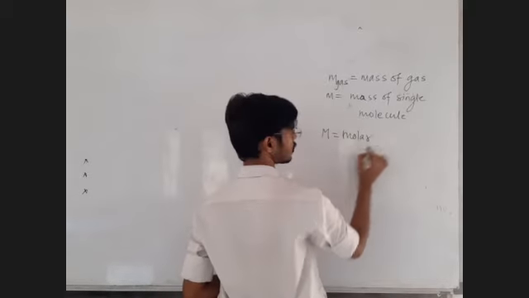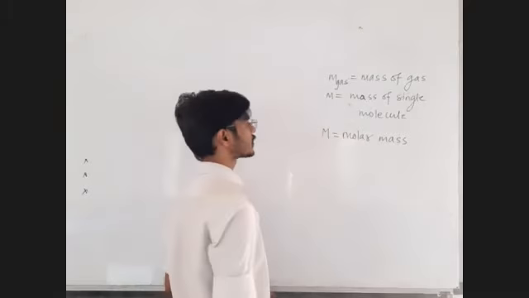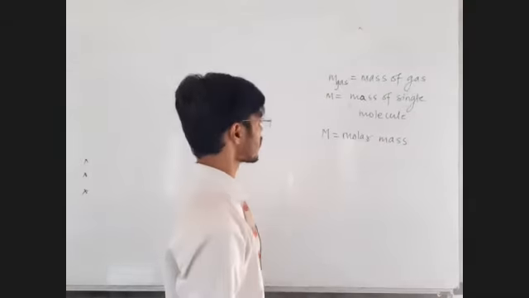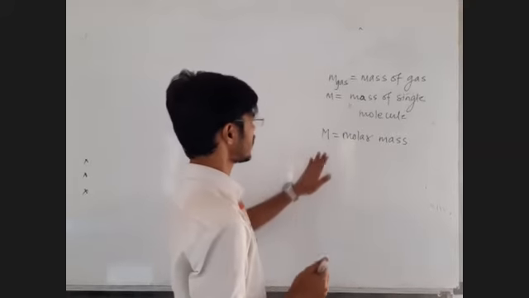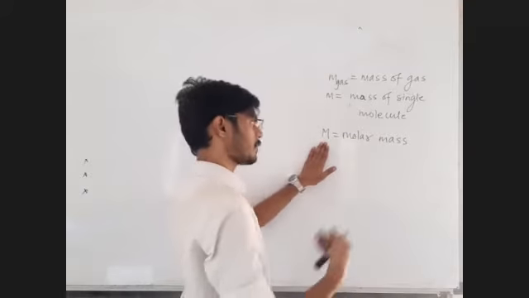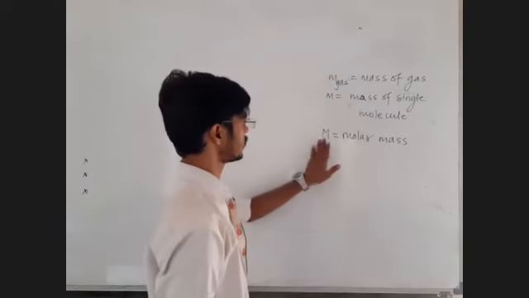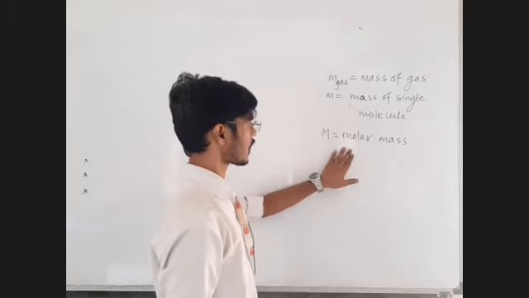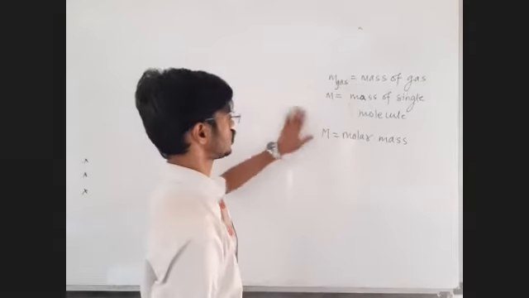How to find molar mass? Writing the molecular mass in gram will give you molar mass. Sometimes you may need that molecular mass in gram itself, and sometimes you may need to convert that gram into kg, when everything is to be substituted in SI unit. This convention you should not forget.